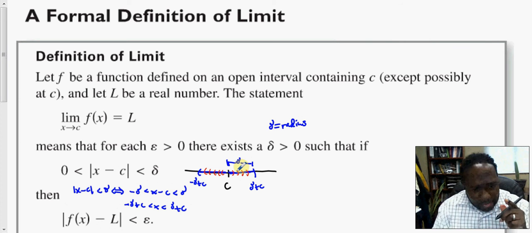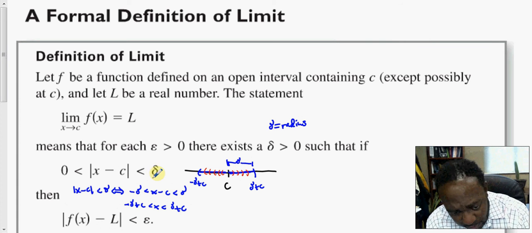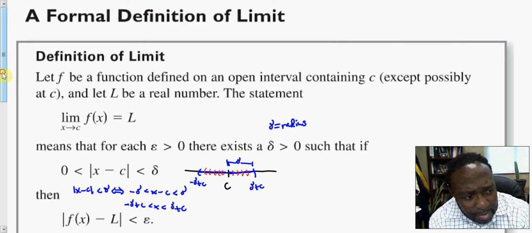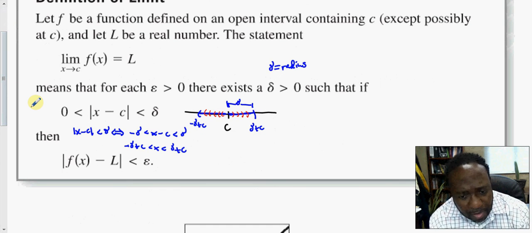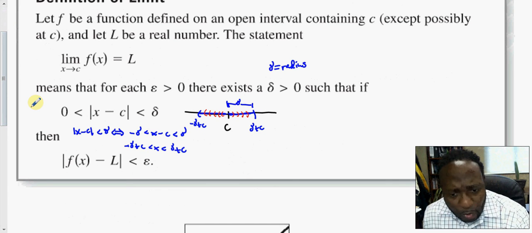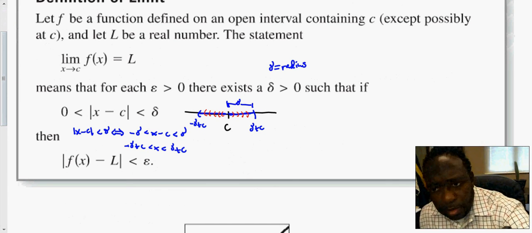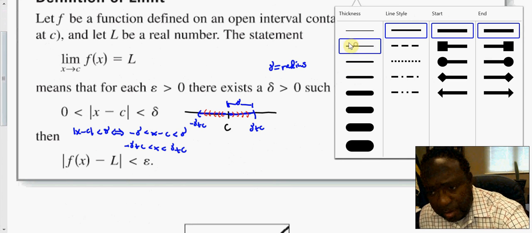And so what happens as x gets close to c? Well, if delta is so small, infinitesimally small, almost, then we say that x approaches c. And that is that if we can still find x values within a small delta neighborhood, does that imply that the same thing occurs for the so-called y values?